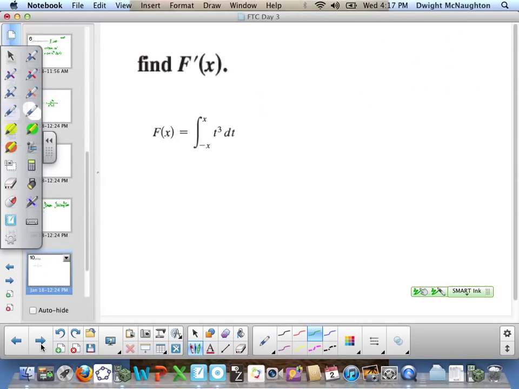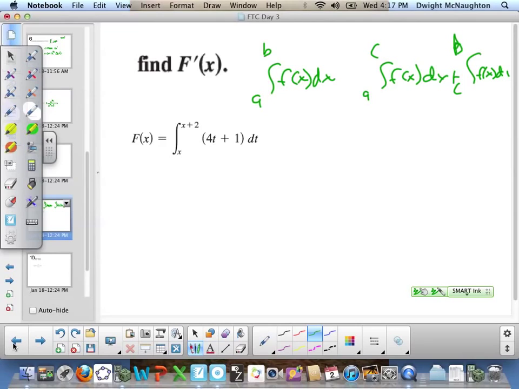I'm going to split it. I'm going to do from x to c of 4t plus 1 dt plus from c to x plus 2 of 4t plus 1 dt.